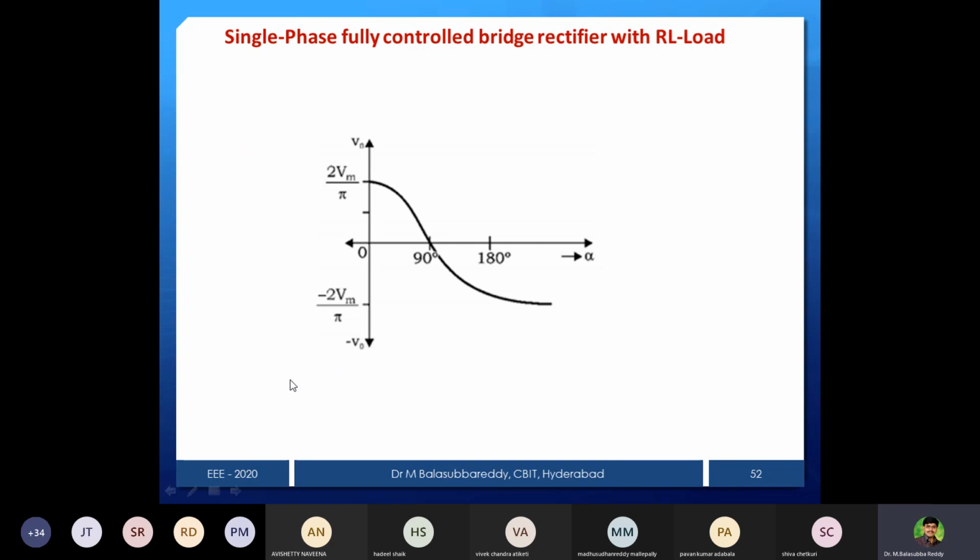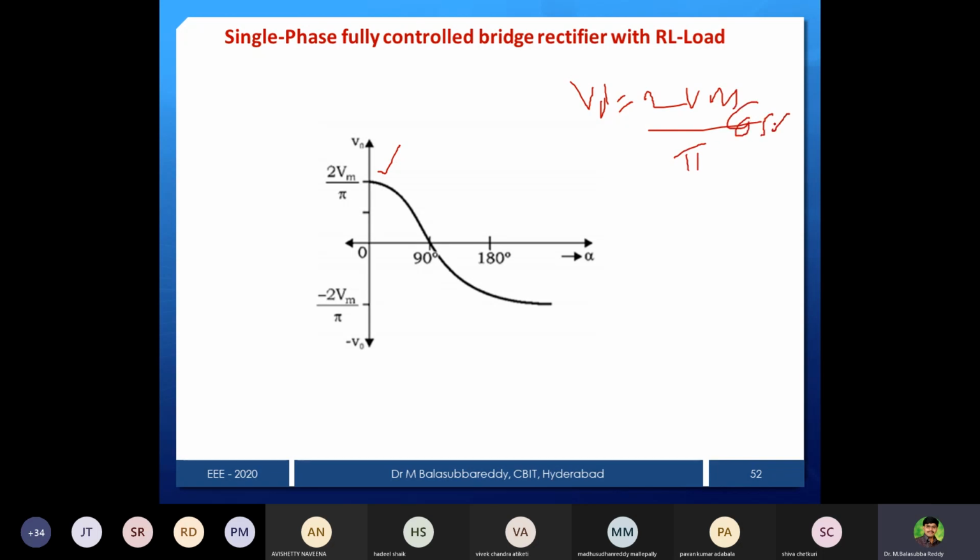Again, this is a very important graph. We can notice that this graph is similar to the midpoint case. There the average expression we got was 2 Vm by pi into cos alpha, and for continuous also, 2 Vm by pi into cos alpha.